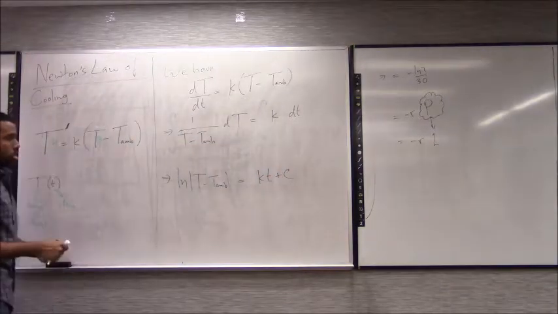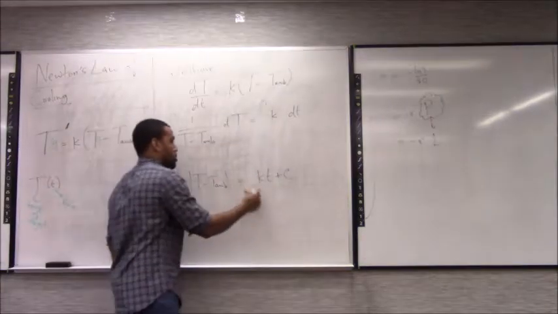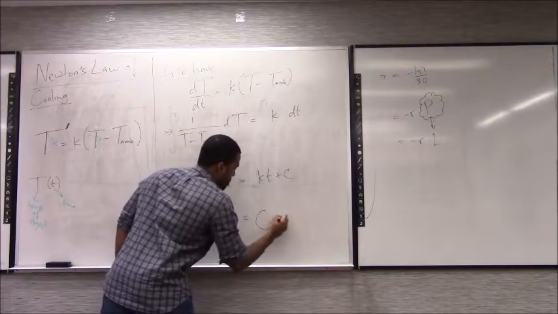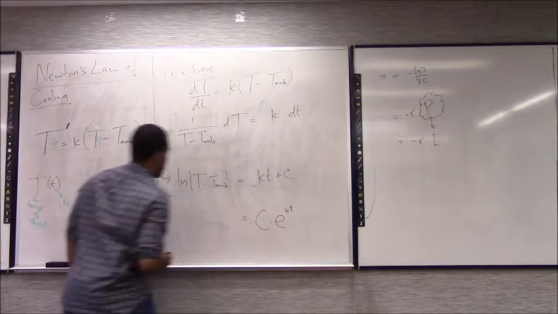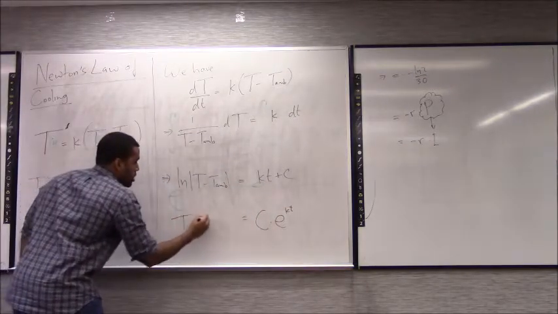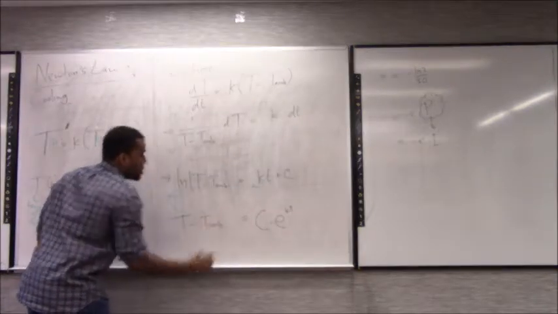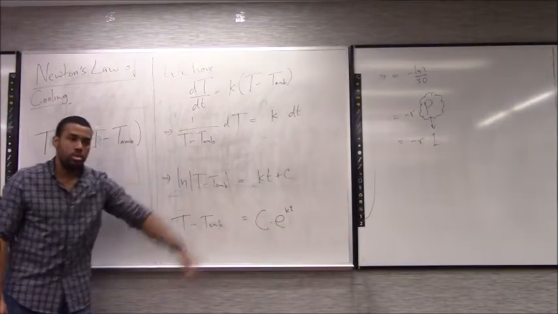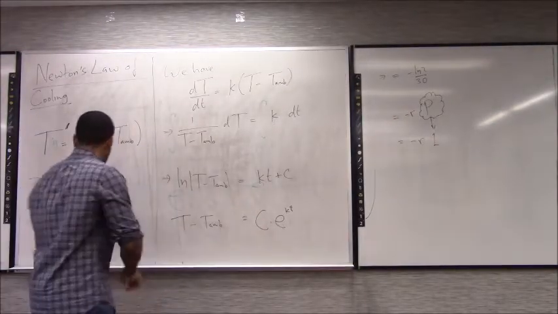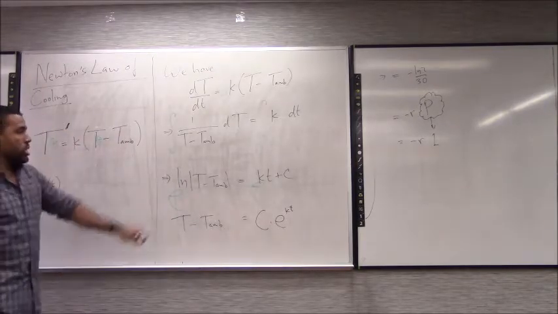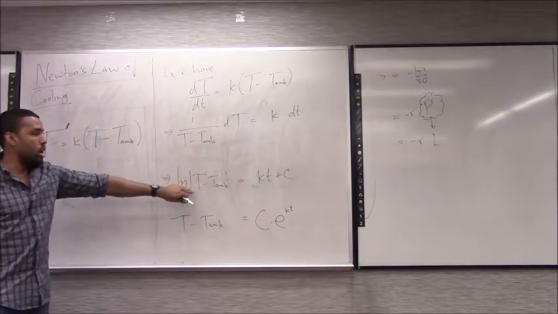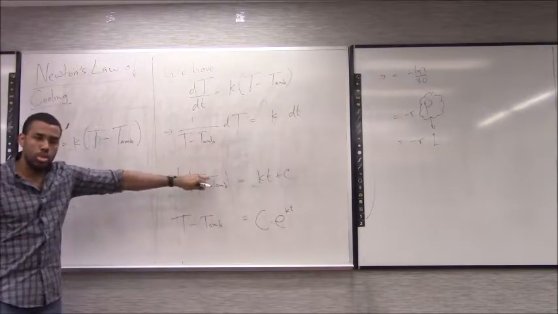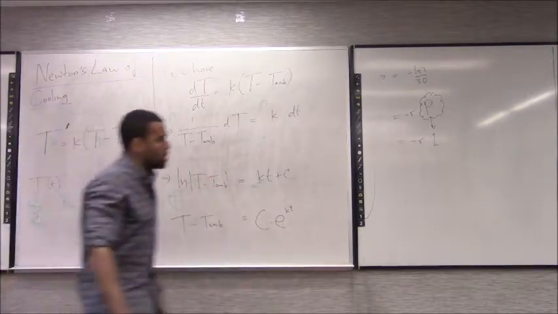Now you want to solve for T, so you raise both sides to the e. This side would be some constant times e to the kt, and this would be T minus T_amb. We don't have to worry about the signs here because I can just change the sign of C to account for any sign change. Usually we think of this in terms of a warmer object cooling down to the ambient temperature, so this is normally considered positive anyway.